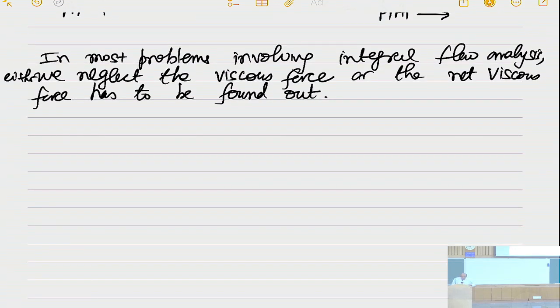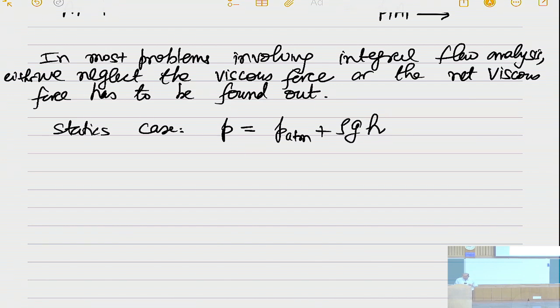Now, also what we know is, if there is a static case, then in statics we have pressure is equal to P atmosphere plus rho GH.